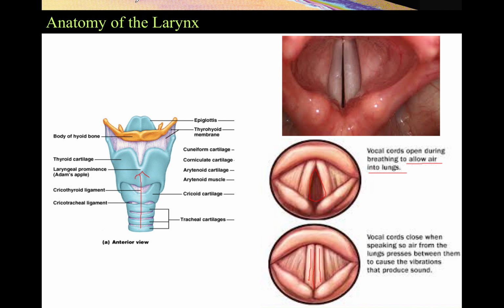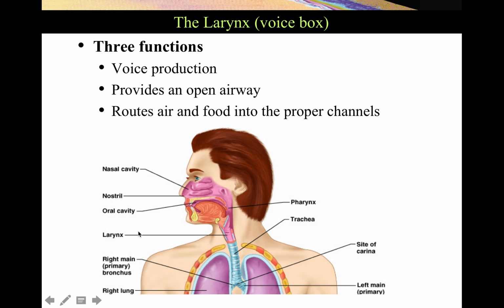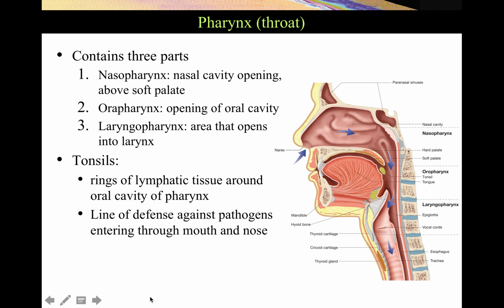Now, in addition to what we talked about, if this right here is your vocal cord, right on top of this you have a flap called the epiglottis. This flap is covering the surface of the larynx and eventually your trachea. If you go back to this picture, which is a good representation, this flap right here is the epiglottis.